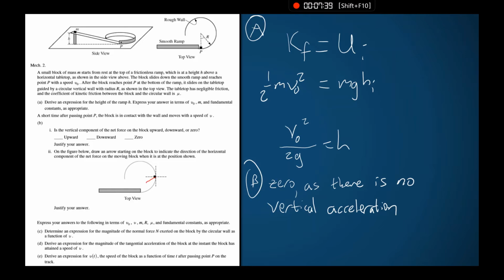So down and to the left. Okay, and we'll justify our answer. I'm going to write in yellow over here, B2.